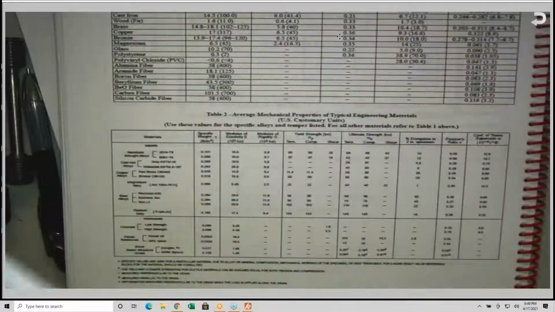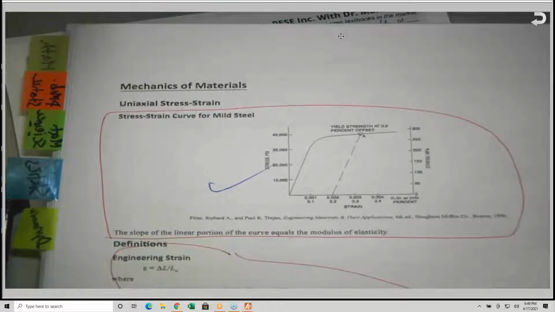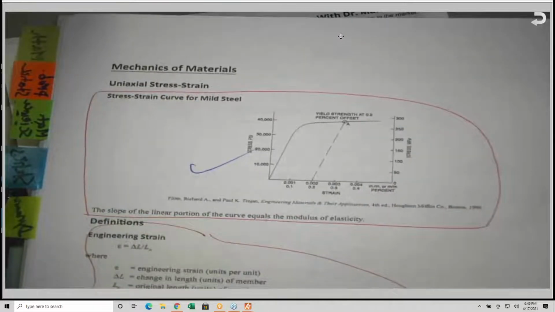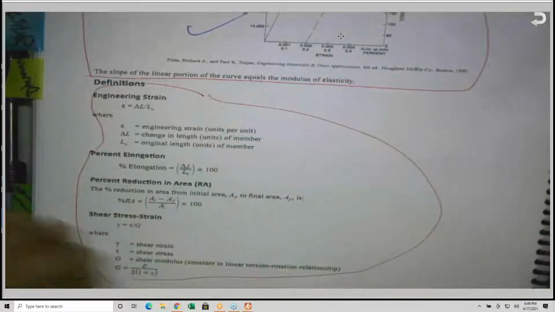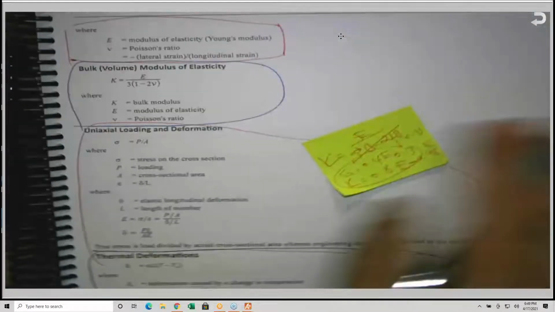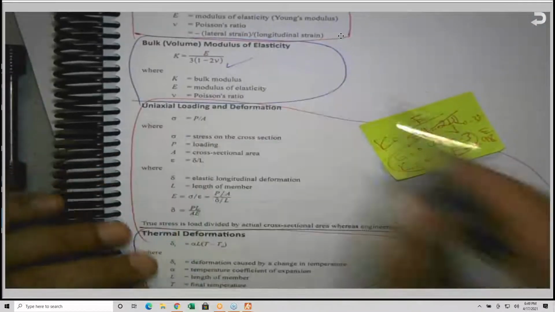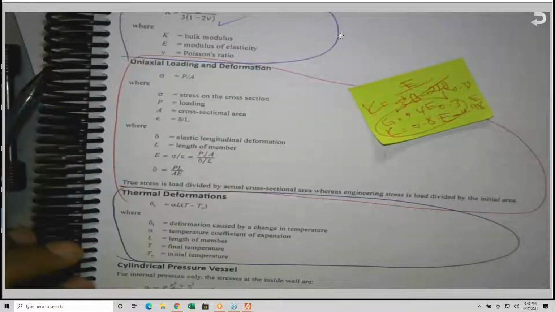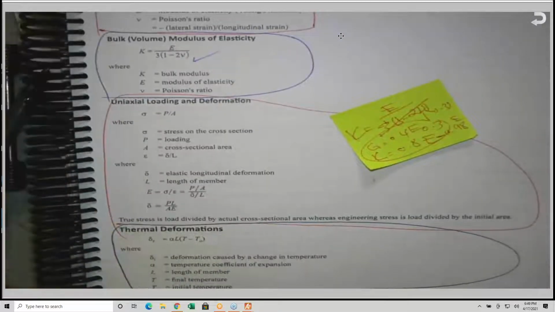As I told you, they made it one column per page, so the page numbers differ, and this is what I follow. This is what we just talked about, the offset method, the 0.2% offset. You'll find all these definitions. We are here right now. This is the equation I just mentioned, so I'm just following the book, taking these equations and talking about them.